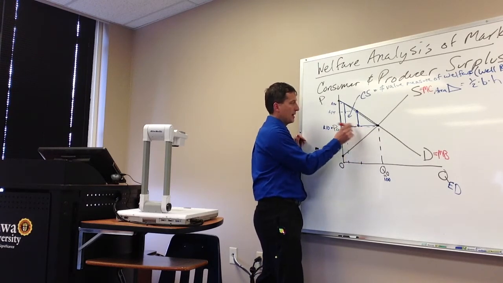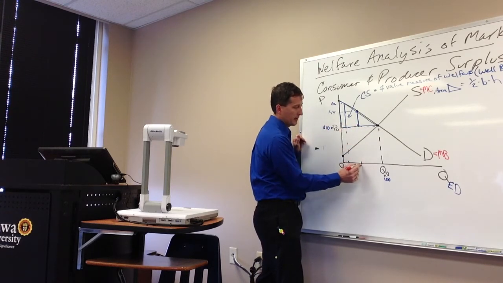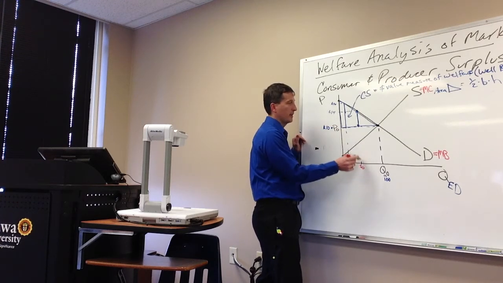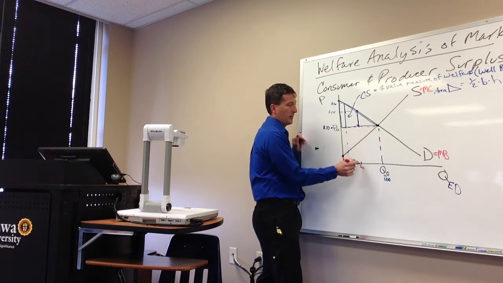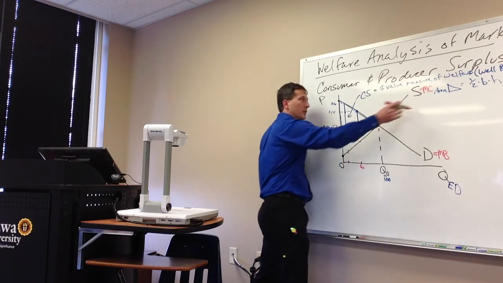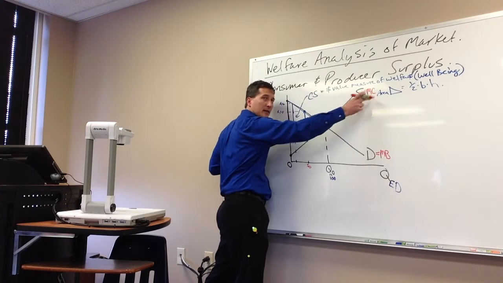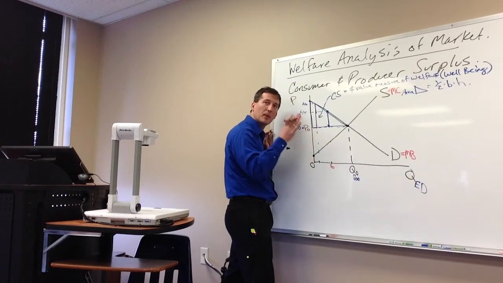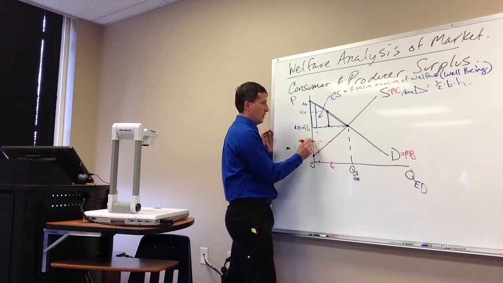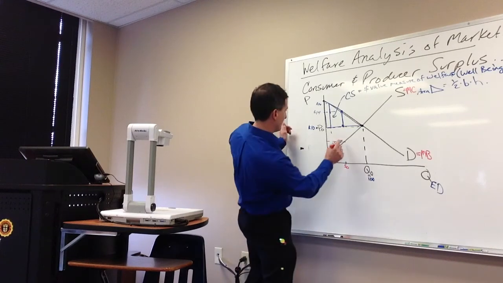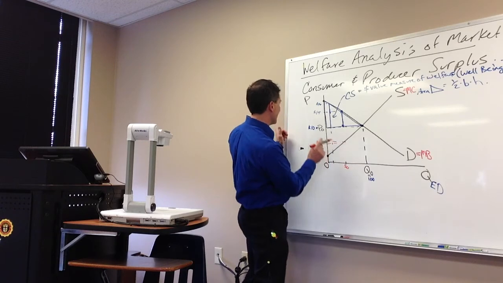they got $10 for producing the 50th unit. They sold it for $10, but the minimum amount they needed, which would be just to cover their cost at the margin, the absolute rock bottom minimum that they needed to even bring this to the marketplace, was, looks like I'm right in there, $5.